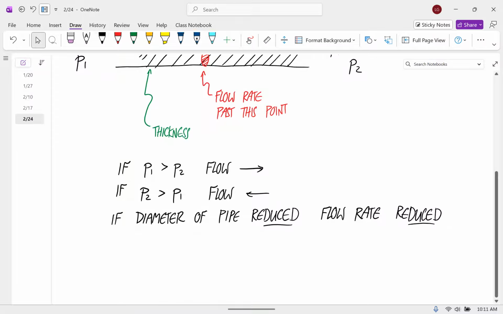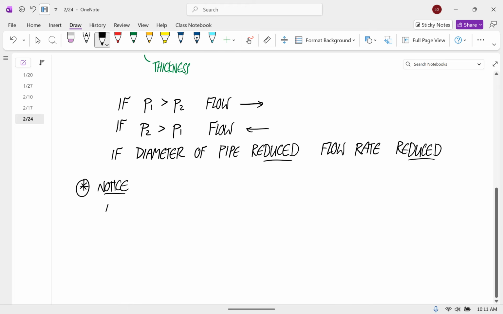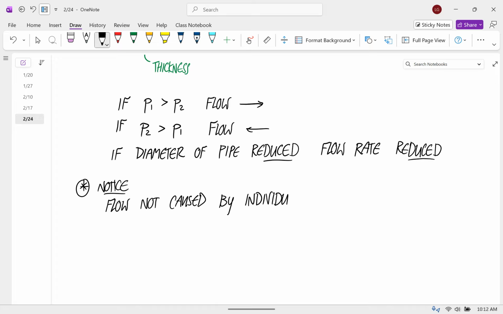And one thing to notice here, which I mentioned a second ago, is that the flow is not caused by the individual pressures, P1 and P2.